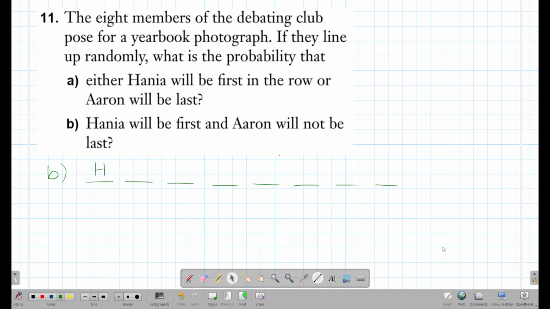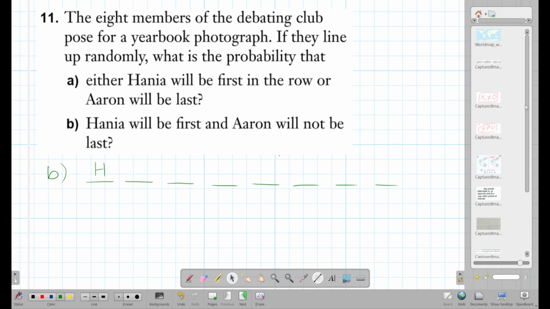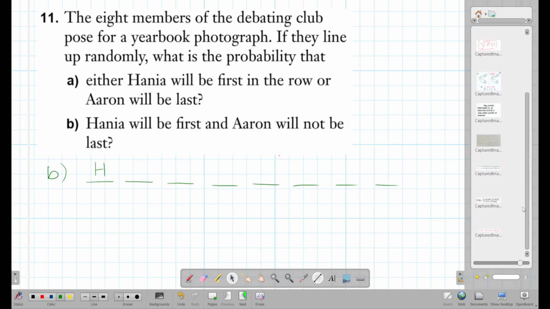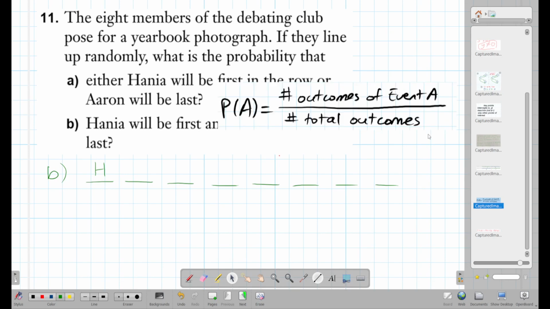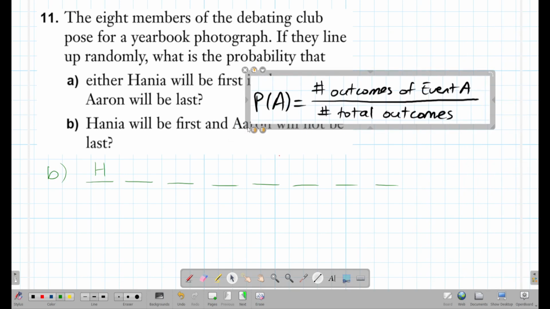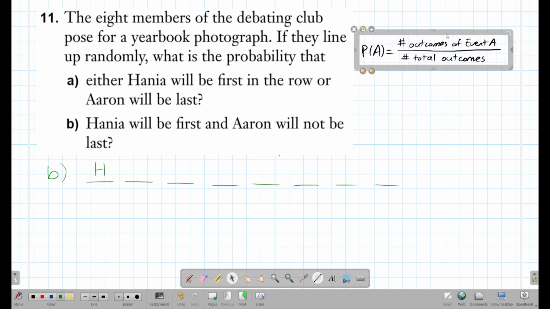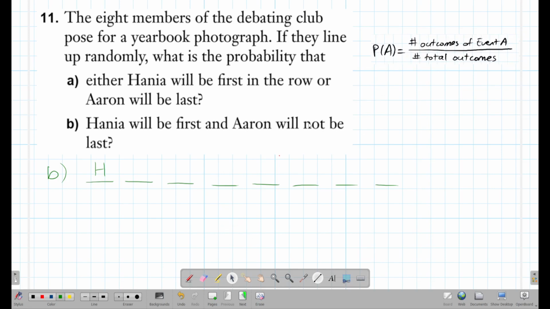Before we do any of this, I just want to remind everyone that we are going to consider the fundamental equation of probability. So we're going to consider the outcomes of event A divided by the total number of outcomes. So with that being said, let's find the total number of outcomes, because it's going to be the same for both questions.